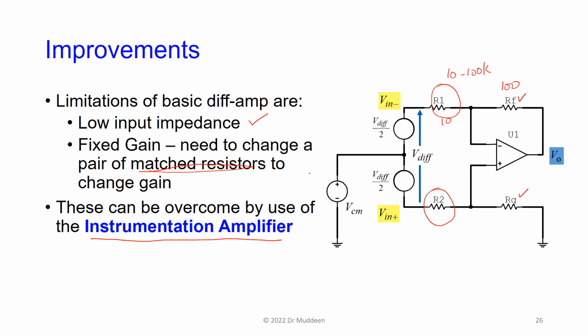Two, we can change the gain by changing just one resistor instead of two matching resistors. And three, it retains a very high common mode rejection ratio. We're going to look at that tomorrow morning when we meet. So any questions?